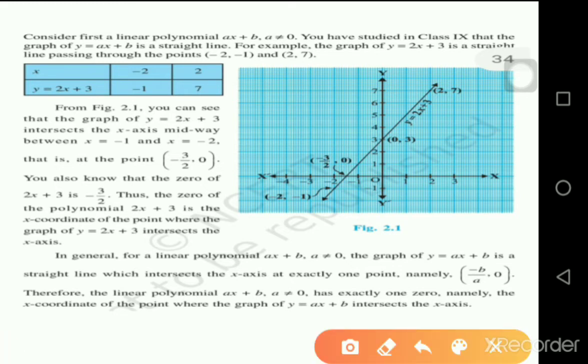Here the y coordinate is the value of the polynomial for some x. We can see here that for y coordinate 0, we have x coordinate minus 3 by 2.